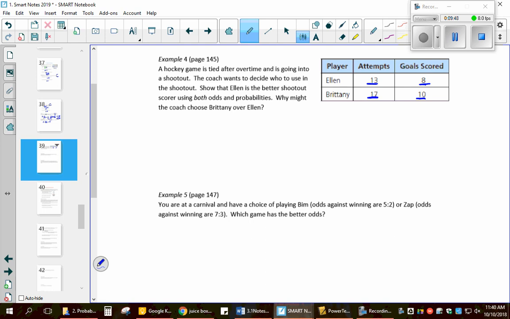So for Ellen, her probability is going to be 8 over what? 21? No, 13, right? The attempts is the total. That's how many shots she's taken in total, right? So that's going to be the total.